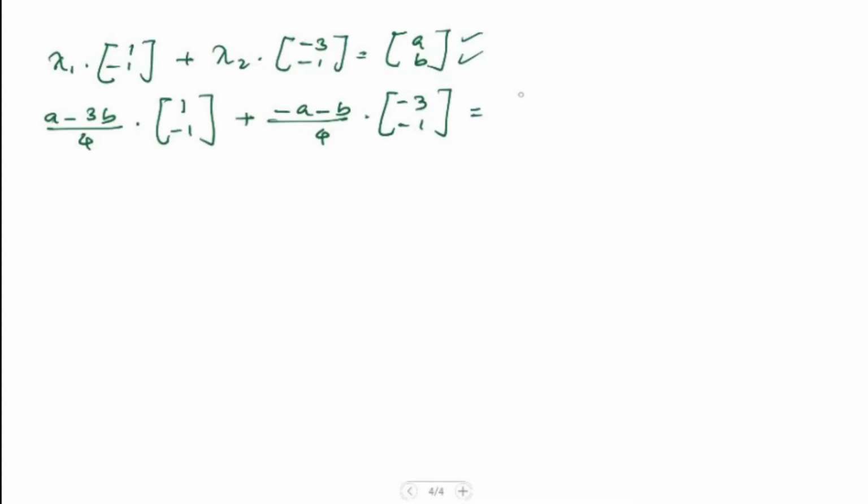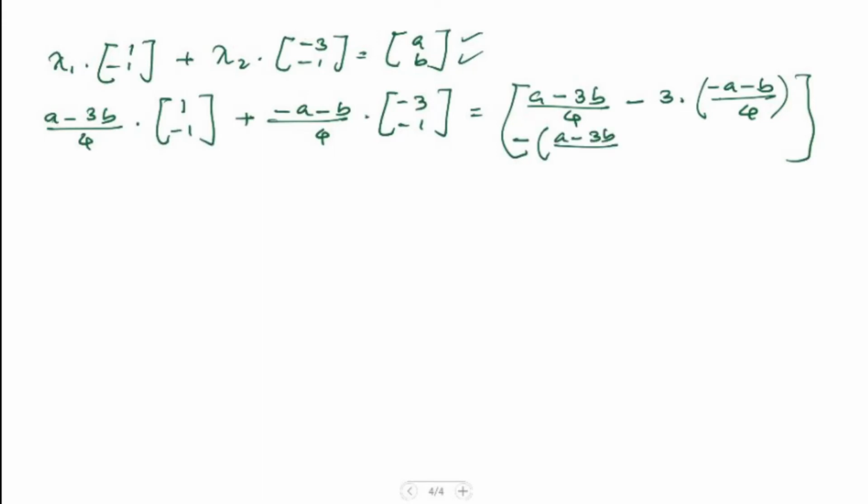So that gives us here, we have a minus 3b divided by 4 times 1, which is the same value, minus 3 times minus a minus b divided by 4. And then we have here minus 1 times a minus 3b divided by 4 minus 1 times minus a minus b divided by 4.